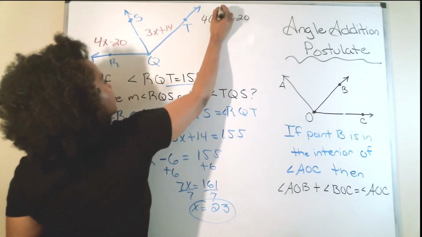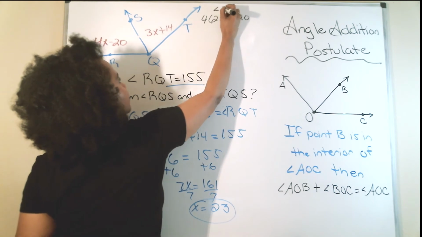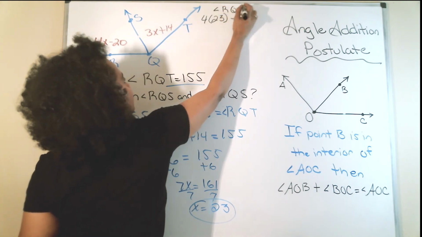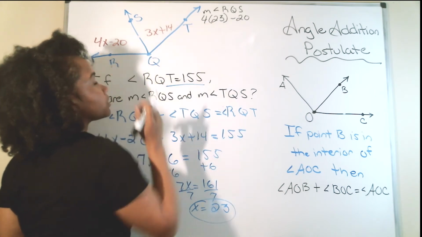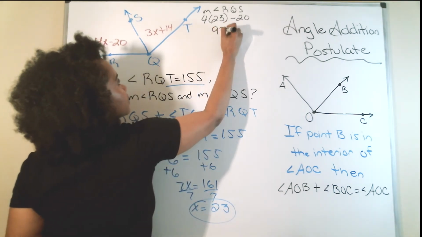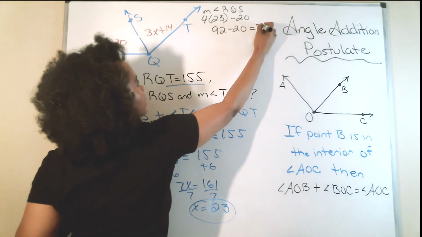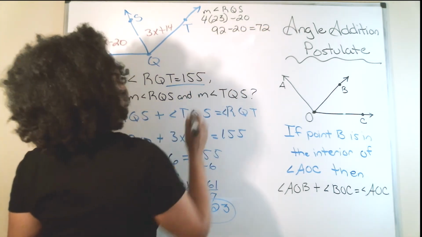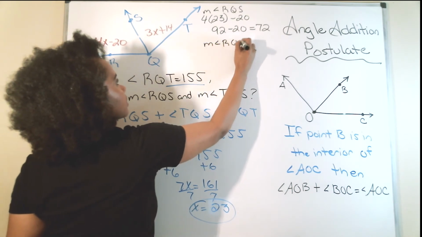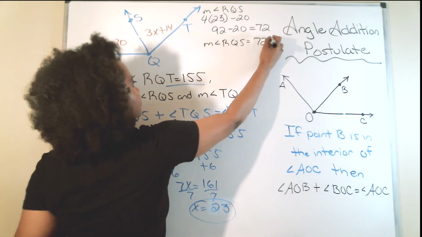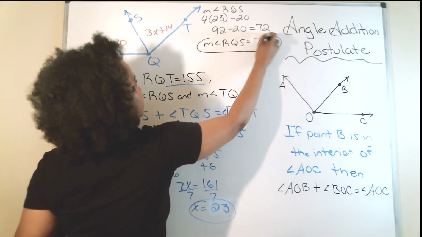I'm going to label this RQS. 4 times 23 is 92, minus 20 is 72. So the measure of RQS is equal to 72.